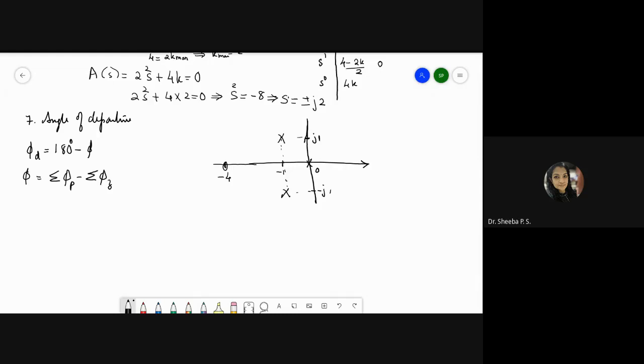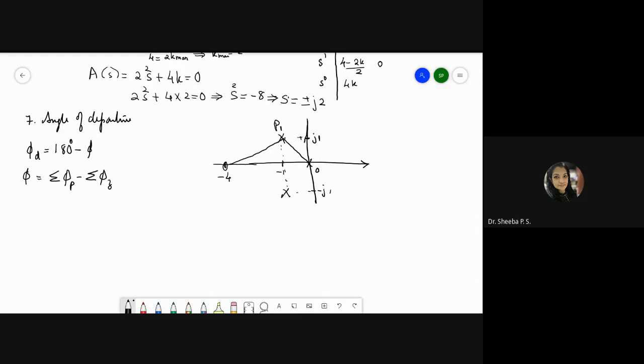Sigma phi p means, suppose I want to find the angle of departure for this particular pole, minus 1 plus j1. Let me consider this pole and call it P1. Now I have to join all other poles with this one.